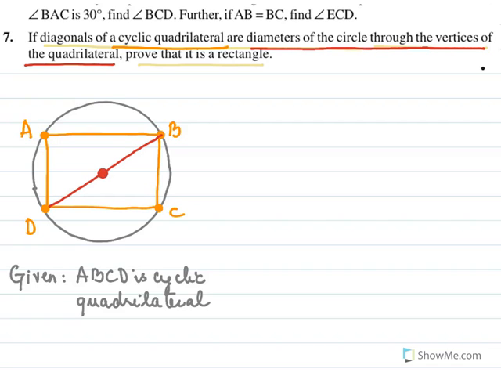Here is the center, and here is the other diameter. The diameters are the diagonals. So we write that too. AC and BD are diagonals that pass through the center.